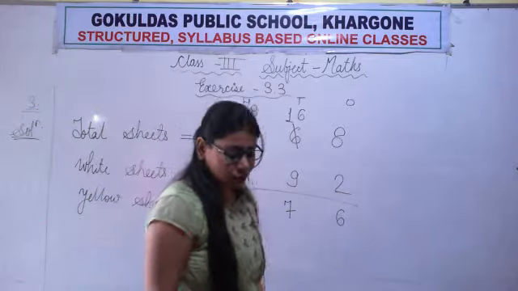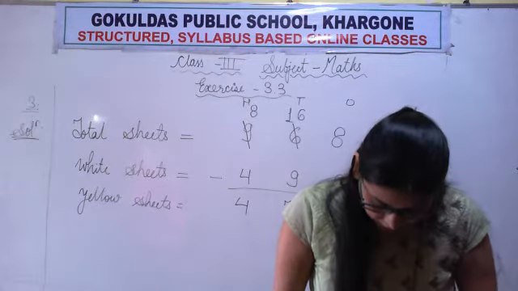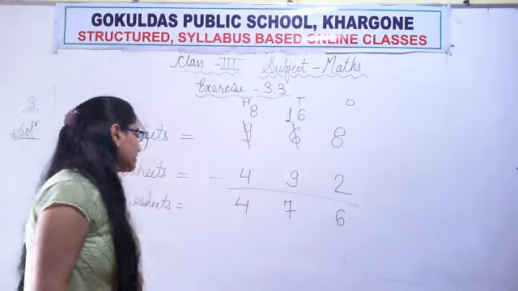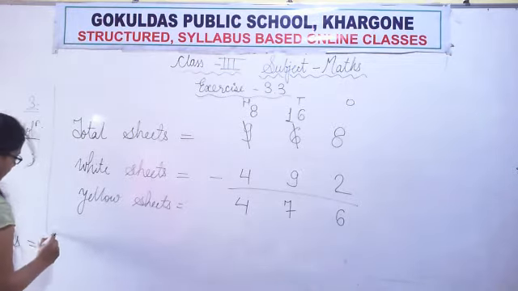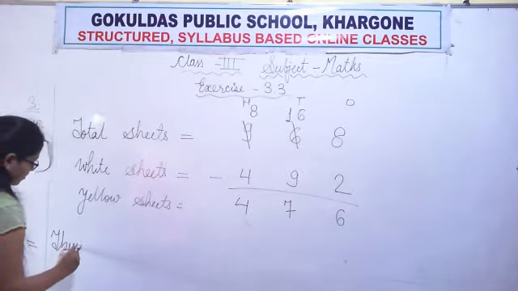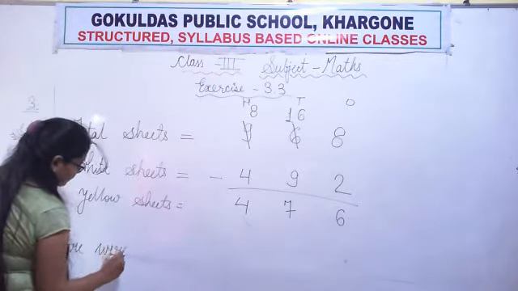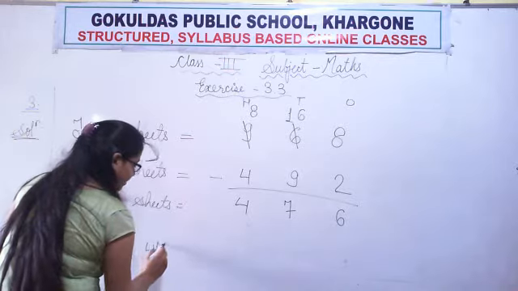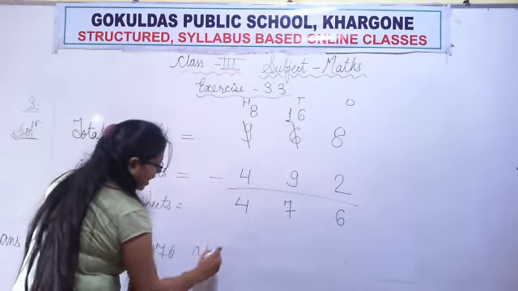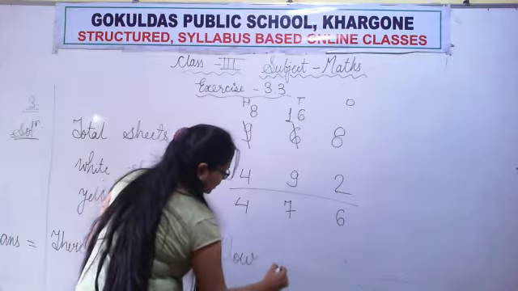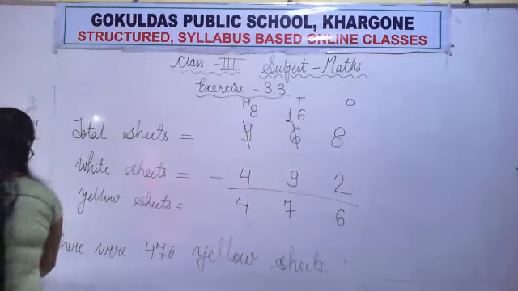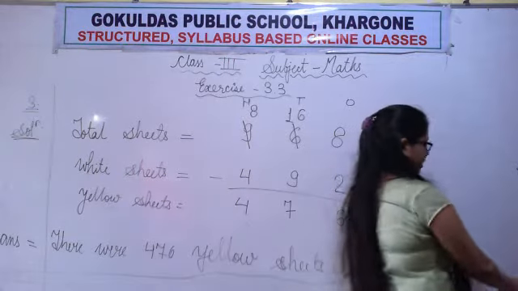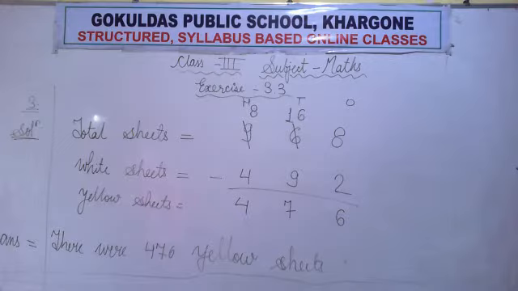The question is asking how many were yellow sheets, so now we can write the answer. There were 476 yellow sheets. Now note it down properly, all of you.